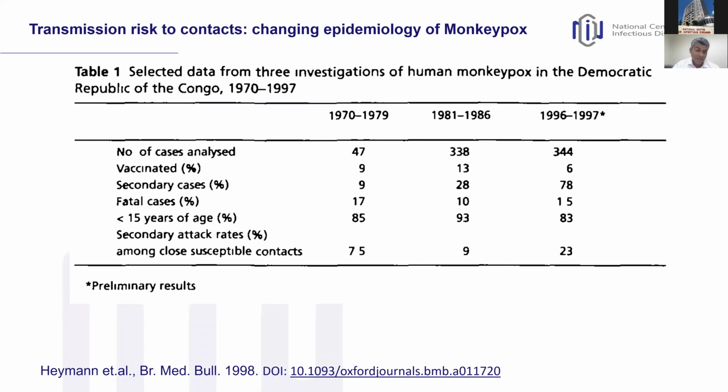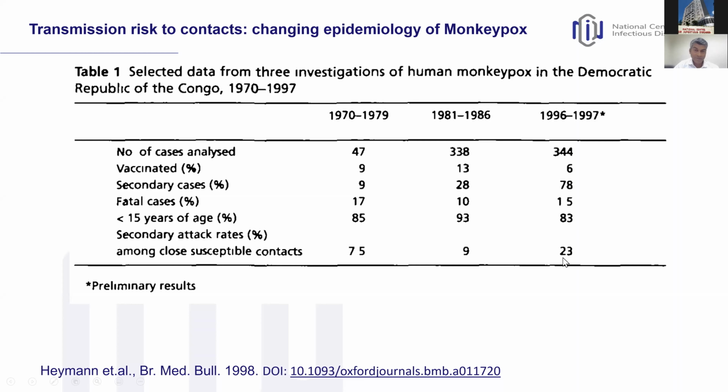And this is a very nice older paper by Professor Heyman and group, and they actually analyzed the increasing trend in the number of cases of monkeypox and how the percentage of secondary attack rate has been increasing for monkeypox over the years as well, from 7.5 to 9 to 23%.